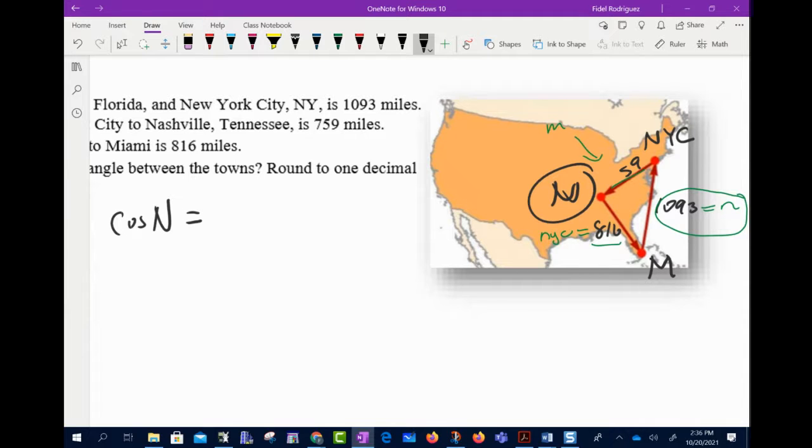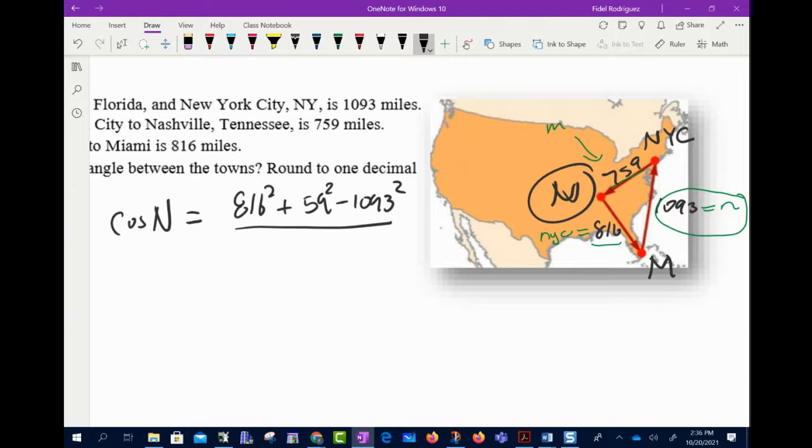equals, give me 1 second, and I will tell you, should be 816 squared plus 759 squared minus 1093 squared. I'm sorry? Oh, 759? Yeah.